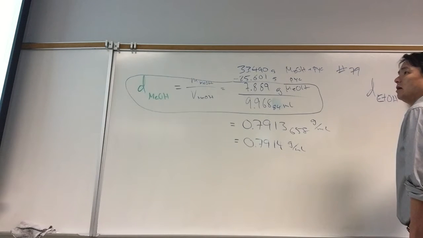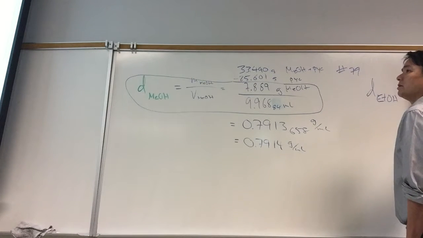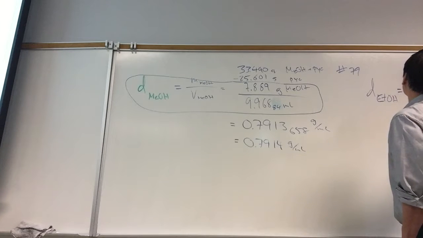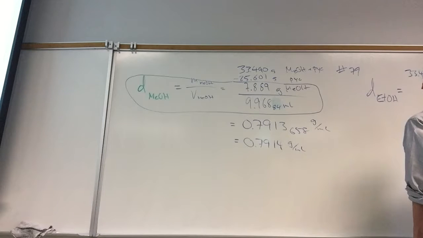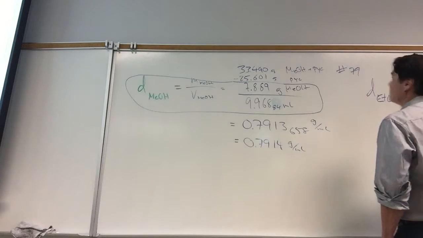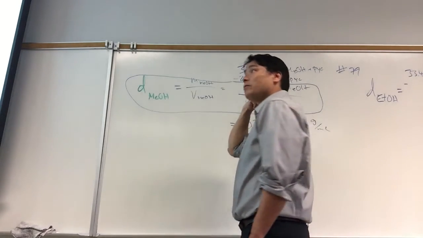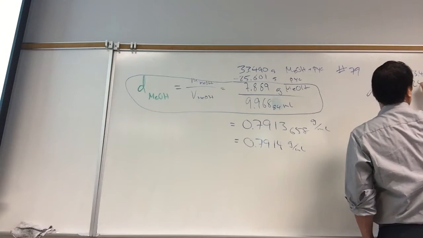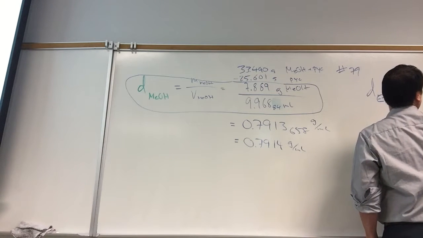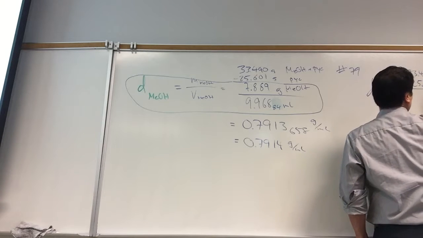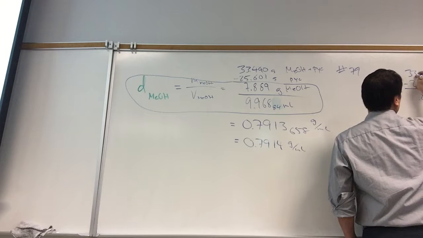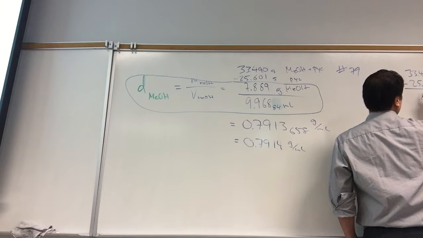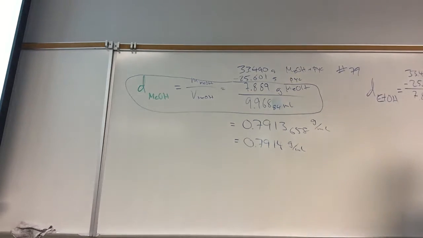And so the mass of the ethanol is going to be the total mass. So the total mass is 33.470 grams of ethanol plus pycnometer, minus the mass of the pycnometer, which was 25.601 grams. This is going to give me 7.869 grams of ethanol.